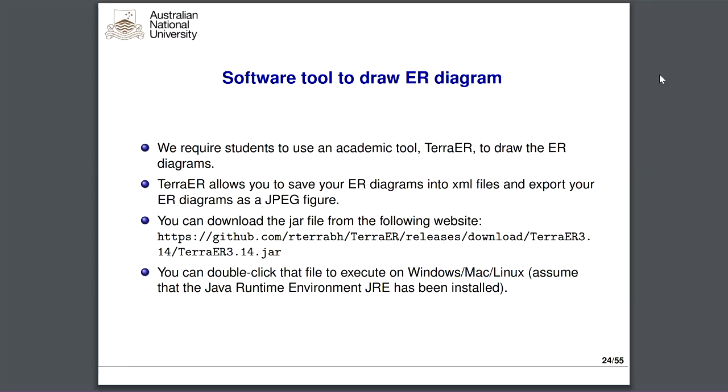And then you can export it into some figure or some different format as you want. You can export it into PDF as well. And then you can download this from here, in GitHub. And also you can double-click on it, based on different systems. And also potentially you can just try to search around on the Internet these days. Then you maybe use a different software to draw this diagram.